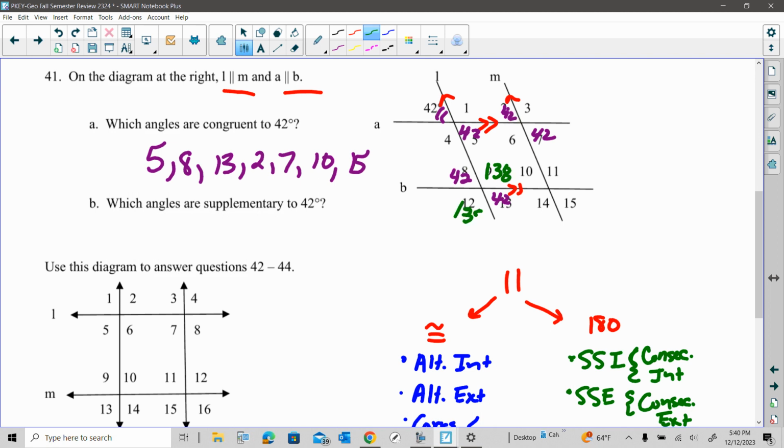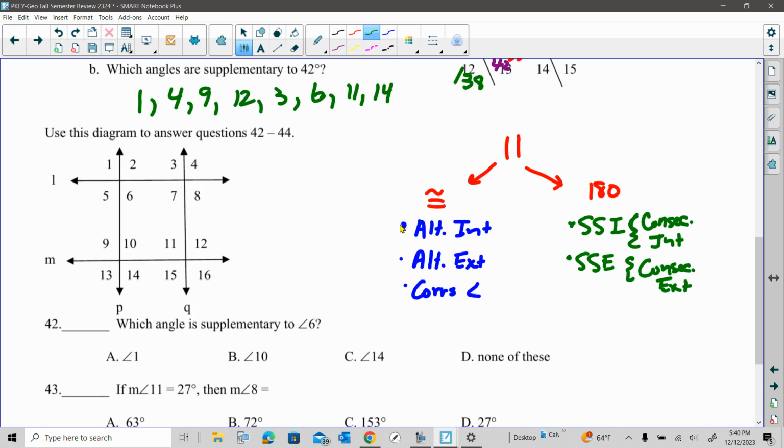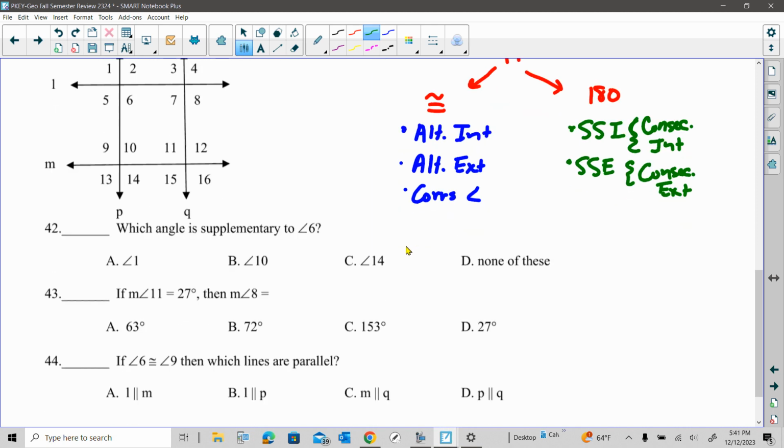The 138s are actually angle 1, 4, 9, 12, 3, 6, 11, and 14. Okay, so we can remember which ones are congruent and which ones are 180. That lessens our work. To be a supplement, it has to be one of these two types: same side interior or same side exterior.